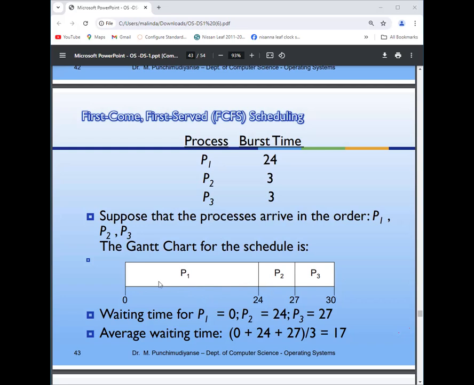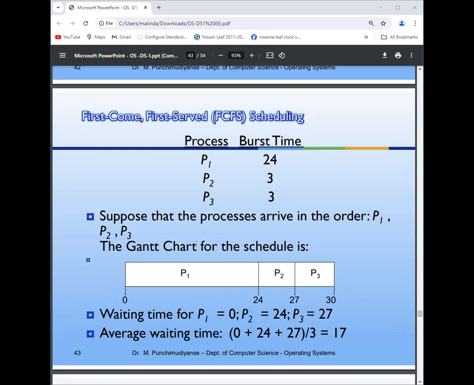Just draw it, and if P1 is larger, have a slightly larger slot. That's all. Some people will think that I need to draw it to scale. No, I don't expect that. You just simply draw the chart.